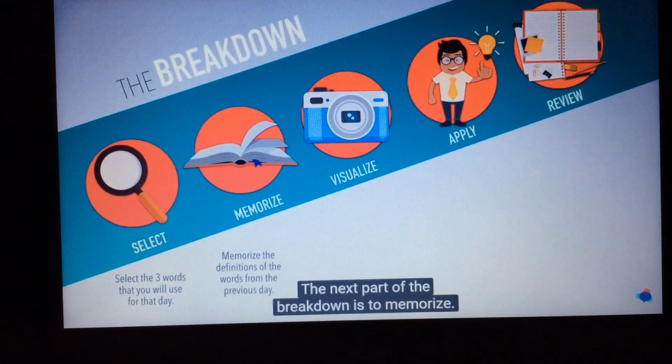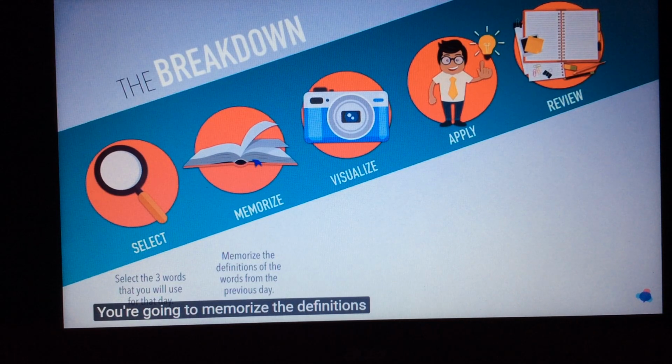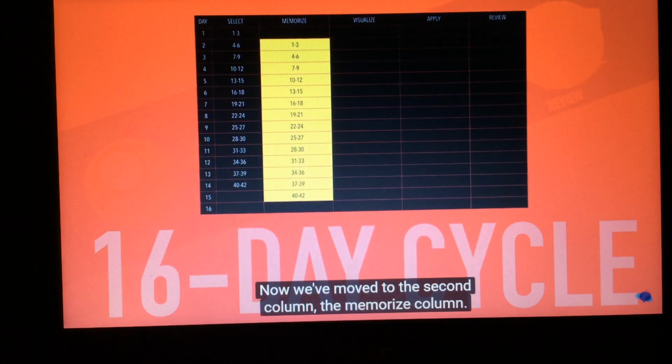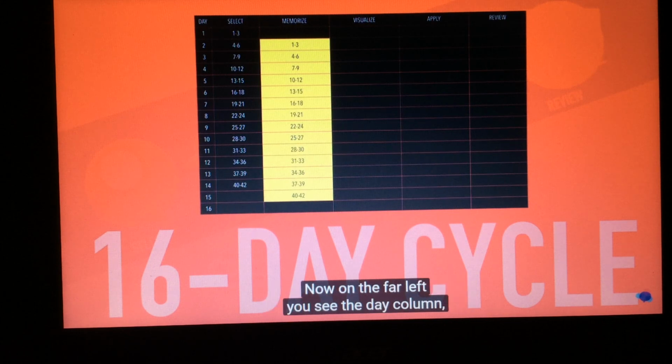So the next part of the breakdown is to memorize. You're going to memorize the definitions of the words from the previous day. So again, let's look at our 16-day cycle. Now we've moved to the second column, the memorized column. Now on the far left, you see the day column, the next the select, and the next the memorize.